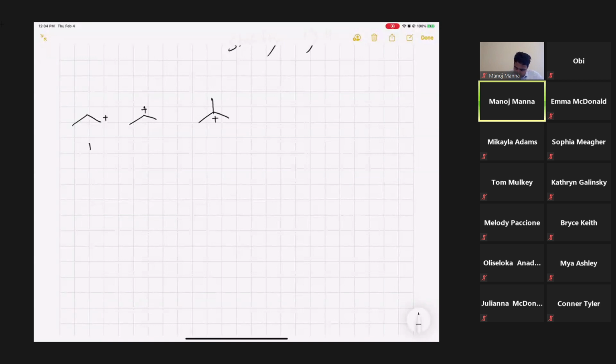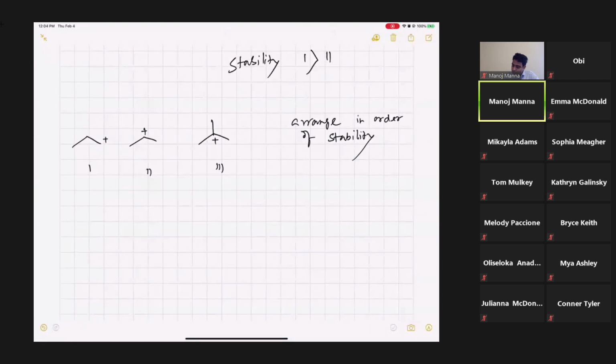So 1, 2, and 3. Between these 3 species, can you arrange them in order of stability? Increasing stability, I mean, from left to right, increasing stability.